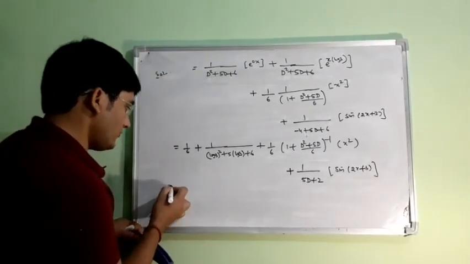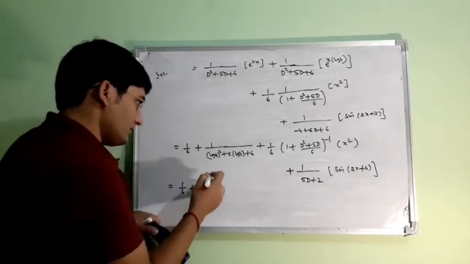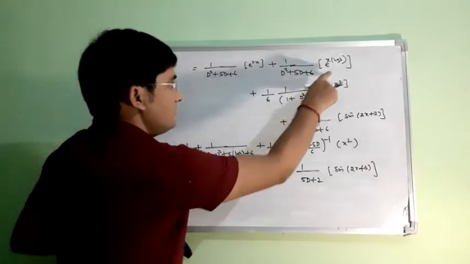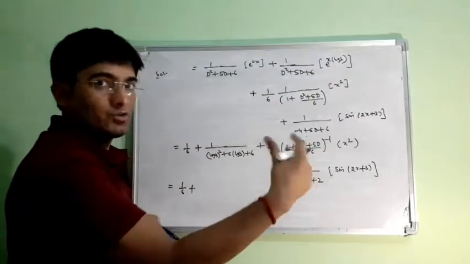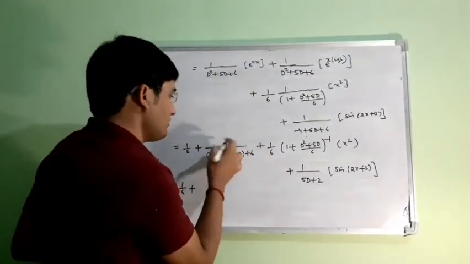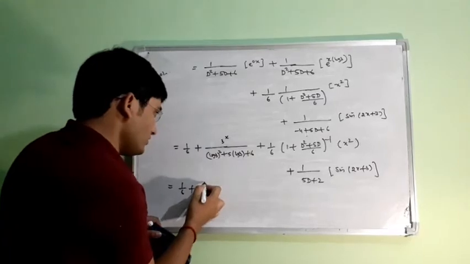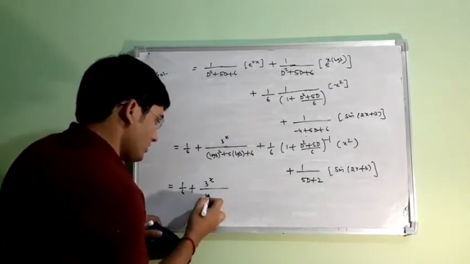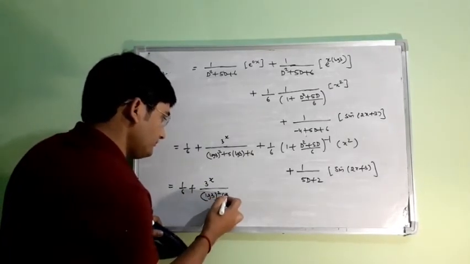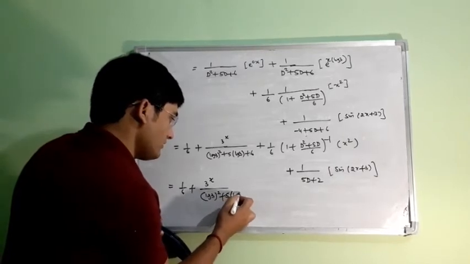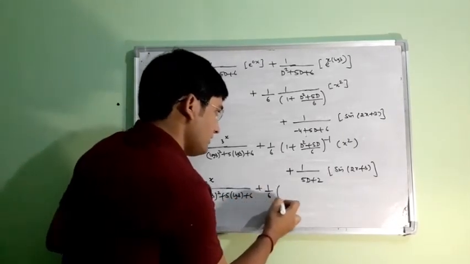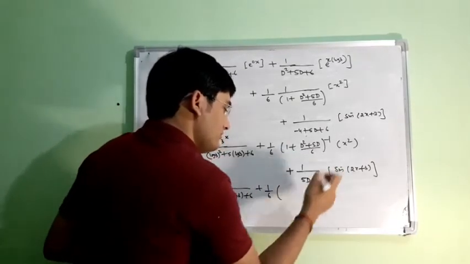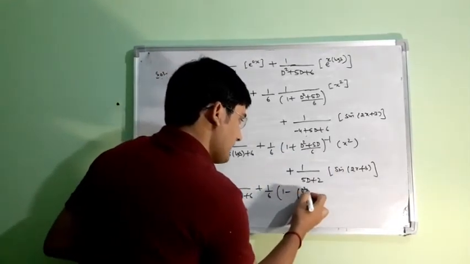So the first term is 1 by 6, the second term, and here this e to power x log 3 is your 3 power x. So in the numerator we will have 3 power x, over log 3 whole square plus 5 log 3 plus 6. Then here let us expand this term using the binomial expansion.